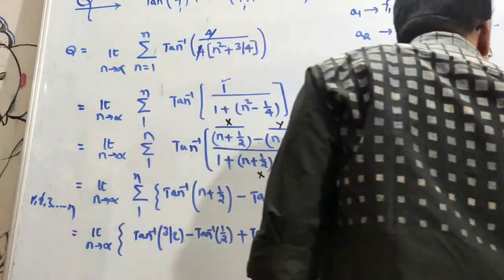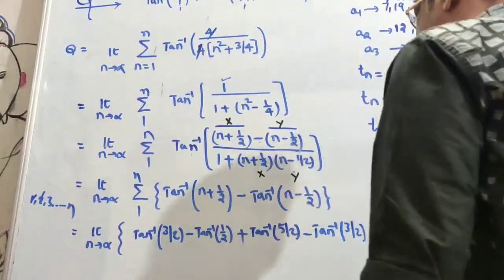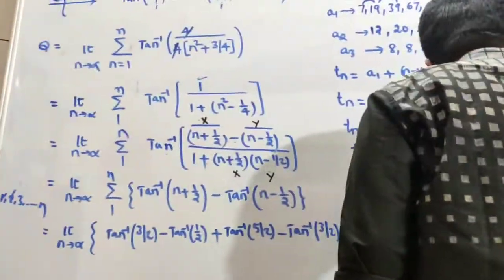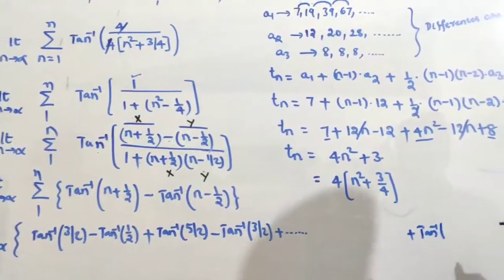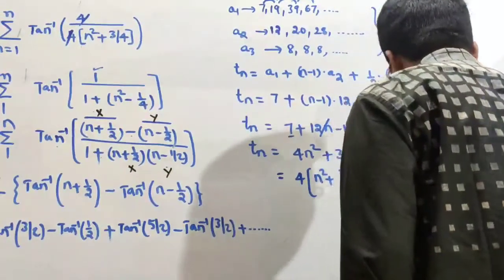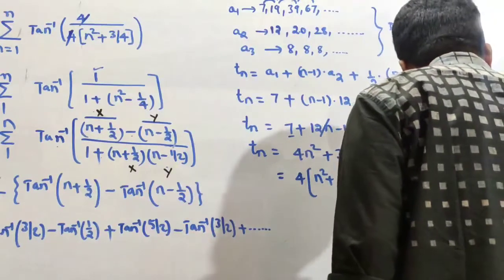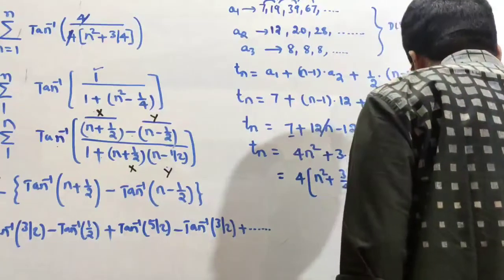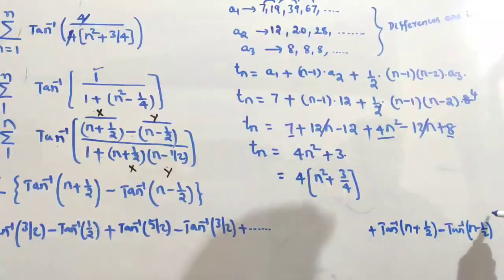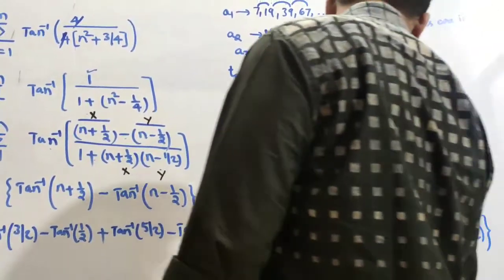Plus and so on. I am writing the nth term. Tan inverse of n plus 1 by 2 minus tan inverse of n minus 1 by 2, like that. Okay. What is its preceding term?